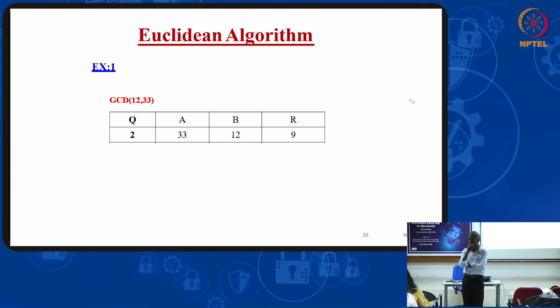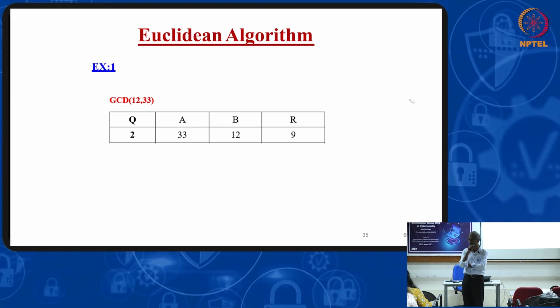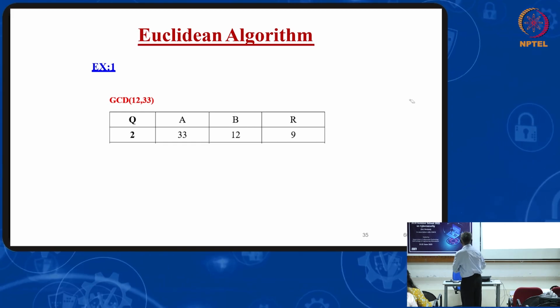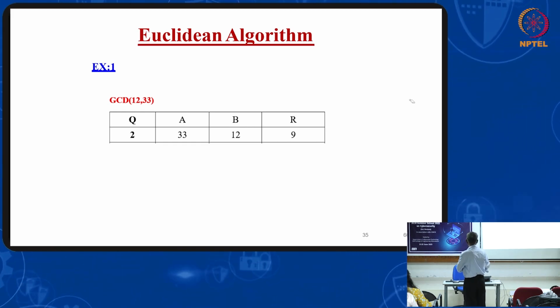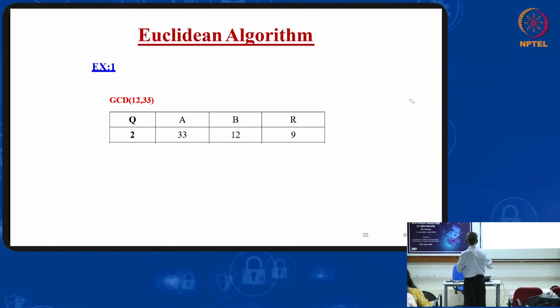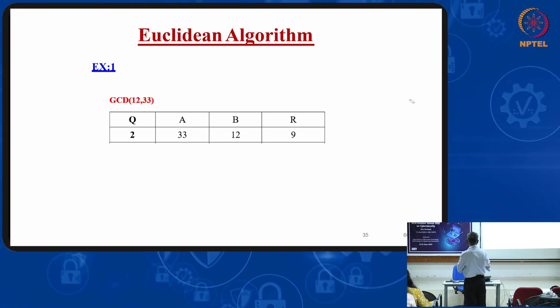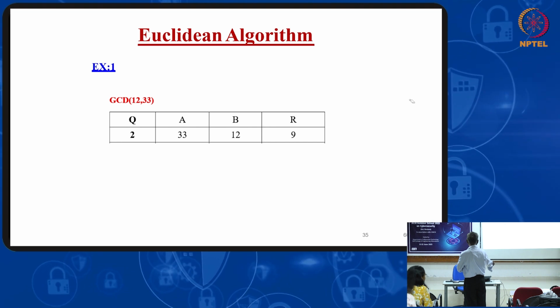How many 12s are there in 33? 2 is the quotient. What is the remainder? 9. So we write the quotient as 2 and the remainder as 9.